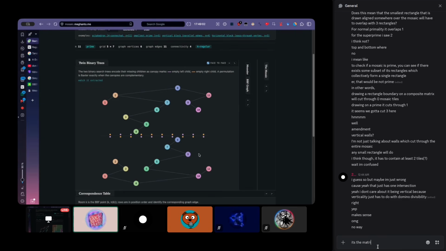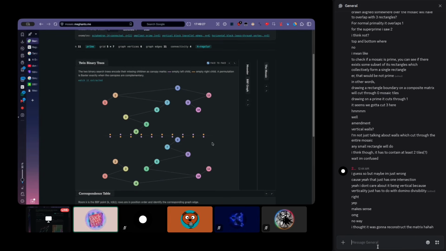Everywhere I did a left insertion, I did a right insertion in the opposite place. So left insertion, right insertion, left insertion, right insertion, left insertion. So yes, that's the magic of the twin tree. Twin trees are a direct bijection to Baxter permutations.